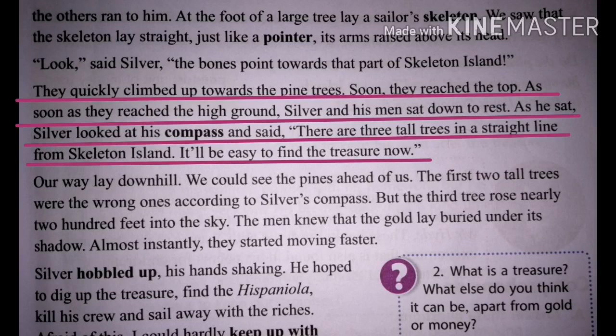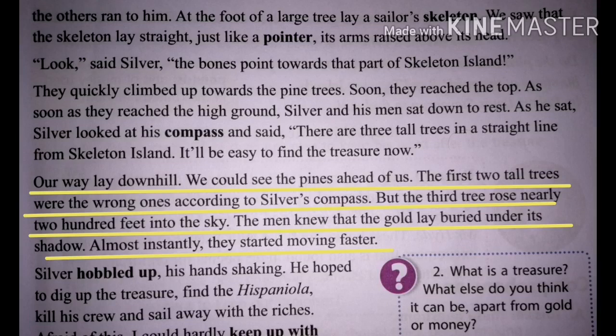It will be easy to find the treasure now." Our way lay downhill. We could see the pines ahead of us. The first 2 tall trees were the wrong ones according to Silver's compass. But the third tree rose nearly 200 feet into the sky. The men knew that the gold lay buried under its shadow.